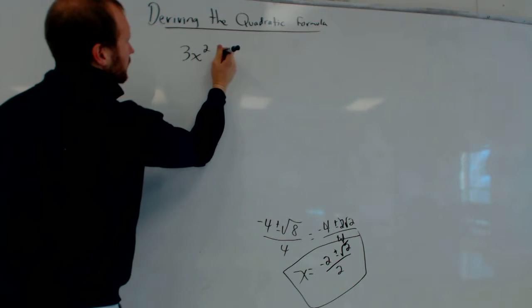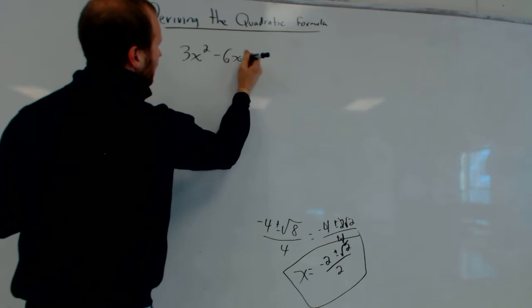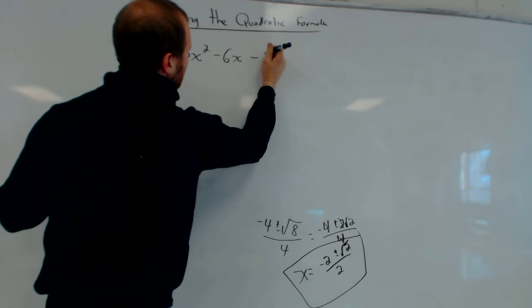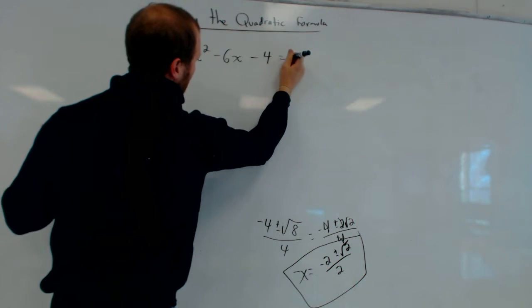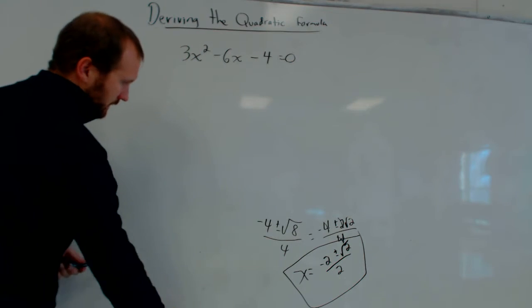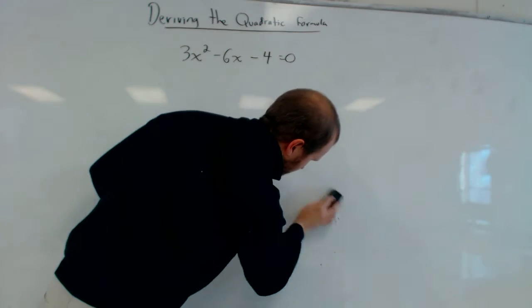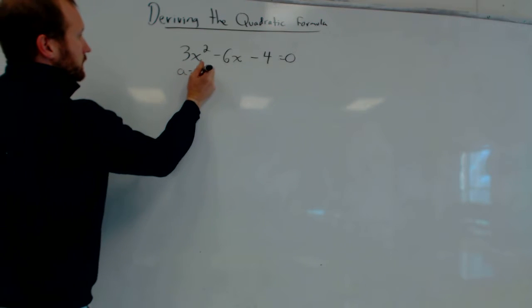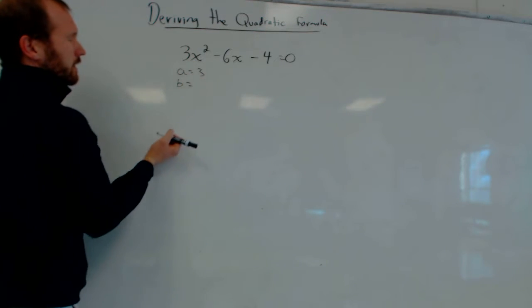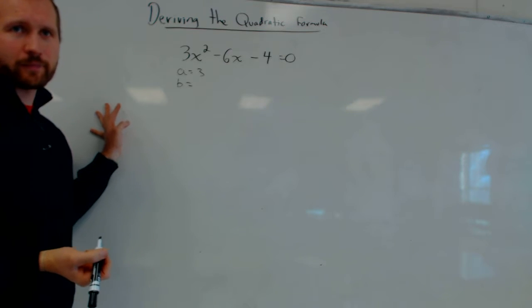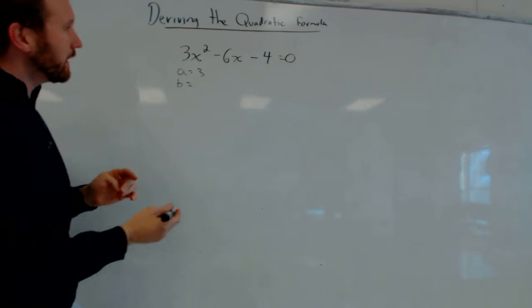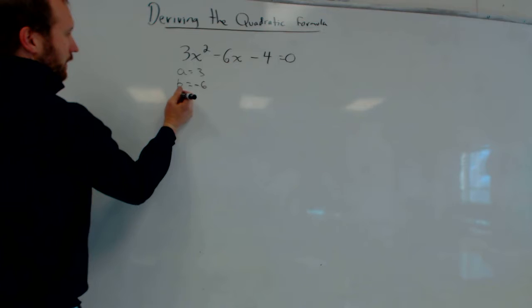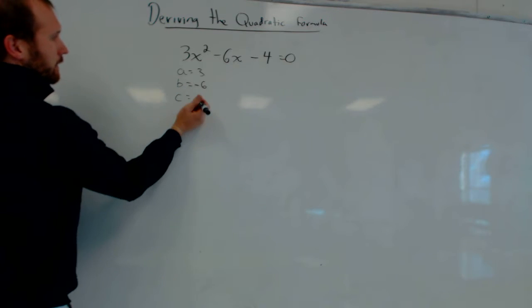3x squared minus 6x minus 4. Solve it. A equals 3. What is B? 6. Is it really? Negative 6. That's super important. Okay, and C is negative 4.